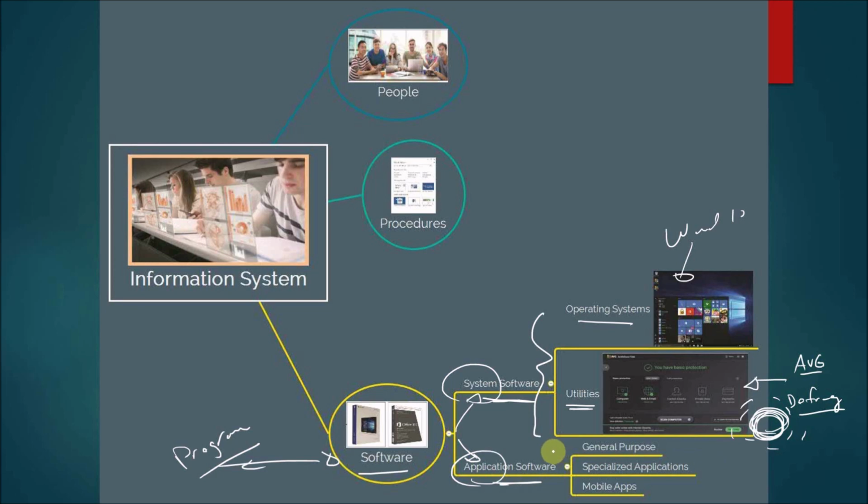There's also what's known as application software. Application software is software that basically enhances our capacity to do something. For instance, in our book, it talks about general purpose application software. General purpose being word processing software, spreadsheet software, database software, and presentation software.